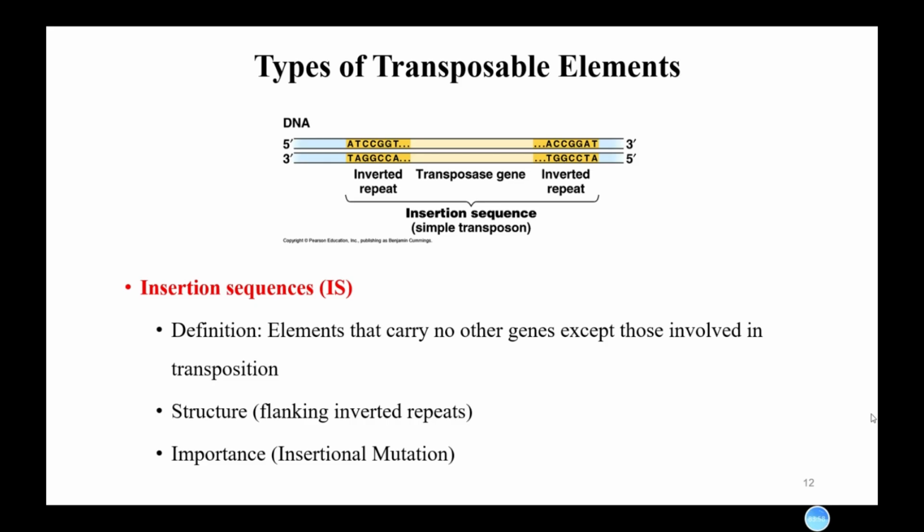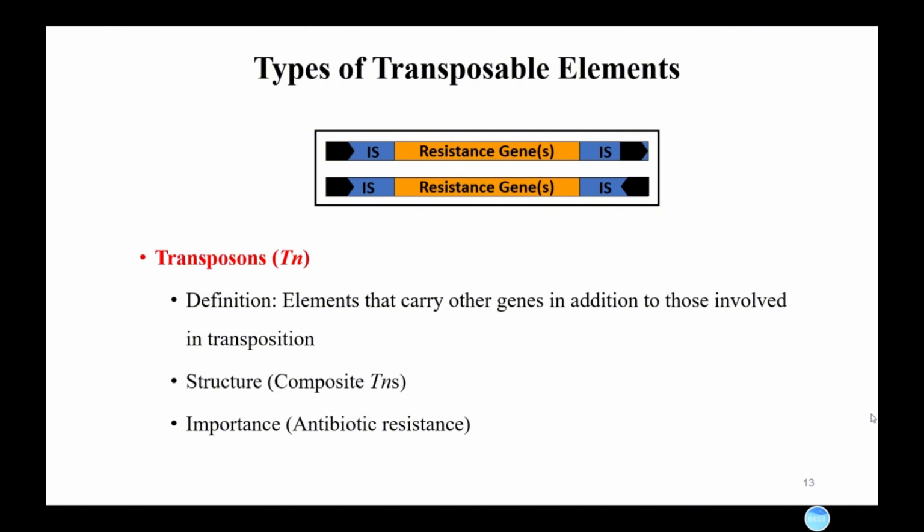So this is the first type, a very simple transposon, the insertion sequence. But usually, the transposon structure is more complicated because, like this one, this is one IS. So you have two insertion sequences flanking the DNA, while in the middle, it carries more genes. For example, it carries resistance genes. So together, it forms a transposon, the regular transposon.